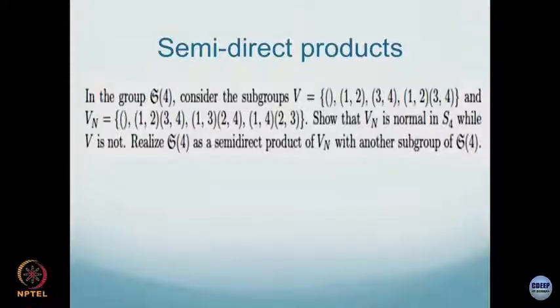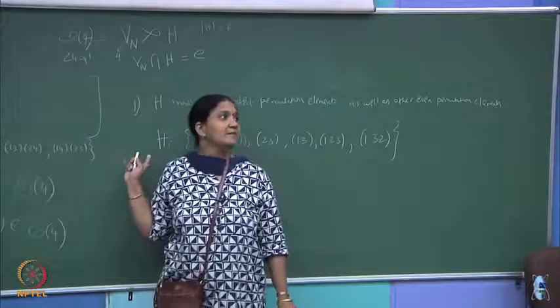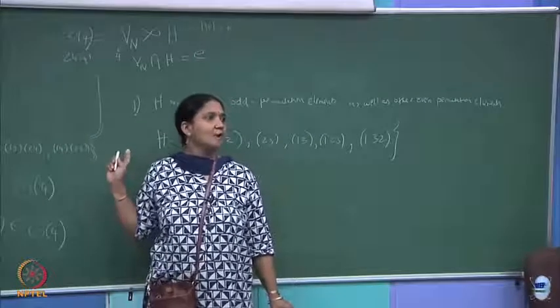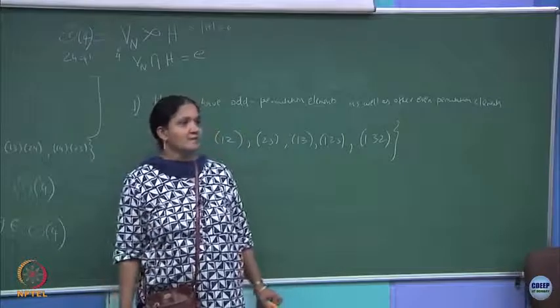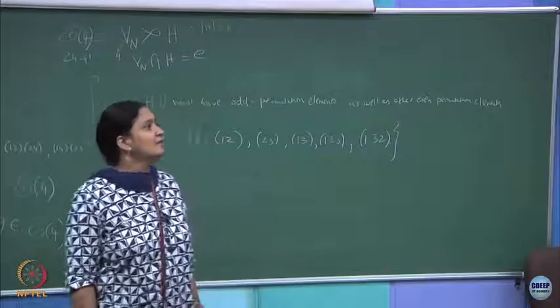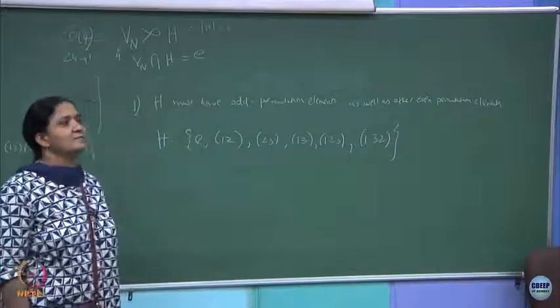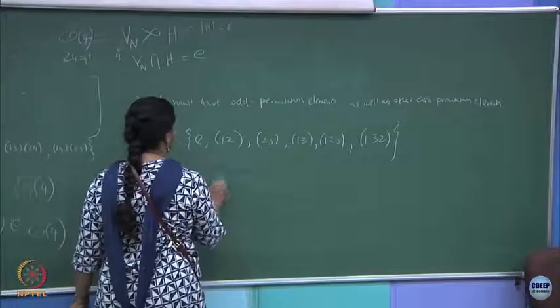The intersection of this with this is only the identity element. I have not yet shown whether it will generate all the elements, but you can check at random, can you get a 4 cycle out of this? Okay, so I will leave it to you to check if you want to get 1 2 3 4.